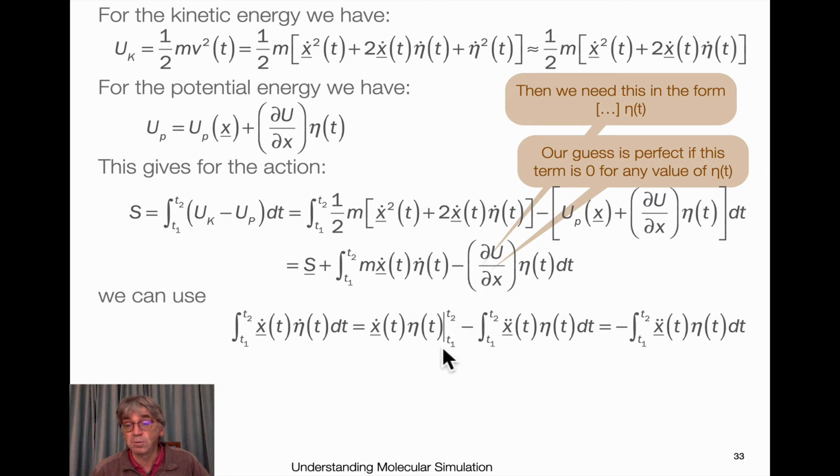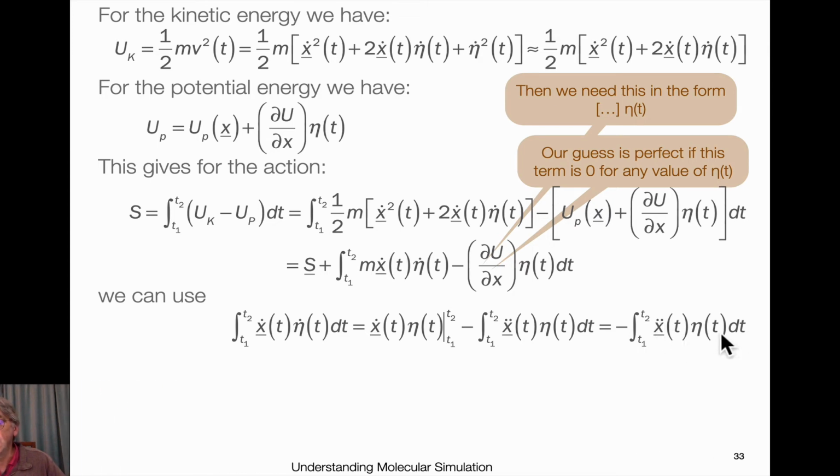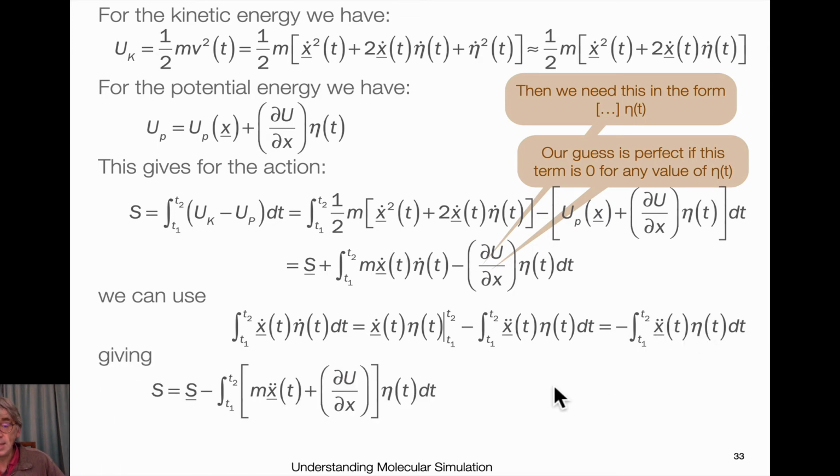So this term drops out, and we can convert this term into a term with x double dot and eta. And that is what we want to have. So if this term is 0, we have by definition an action that is minimum for all values of eta. This is then the condition we have.